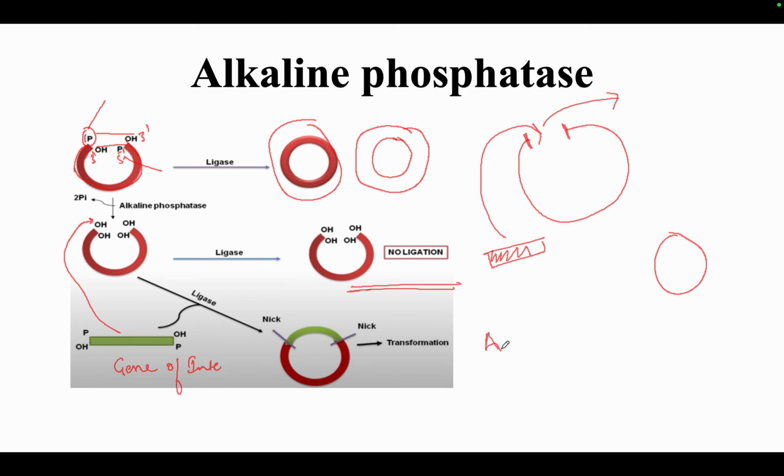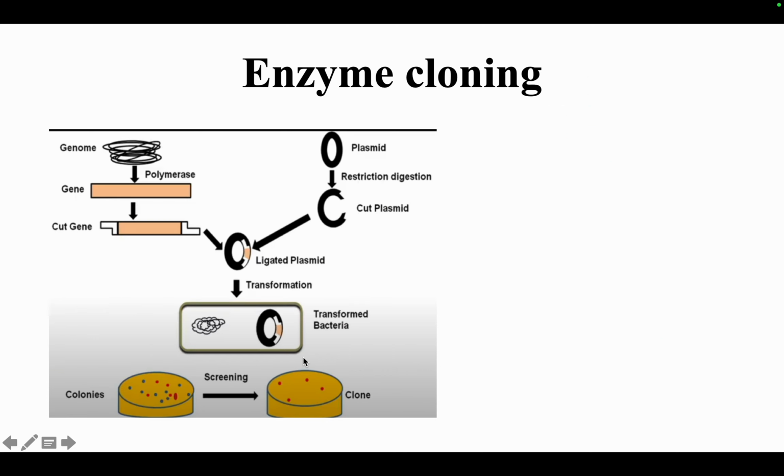Okay, this is very important, to avoid self ligation of vector. Then the gene of interest will come. Then we can further hydrolyze this, and we can ligate it by the gene of interest. Okay, so this is why alkaline phosphatases are used.